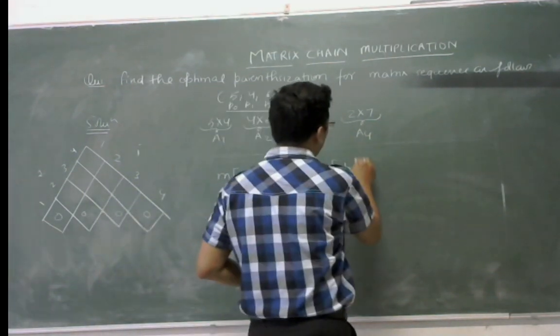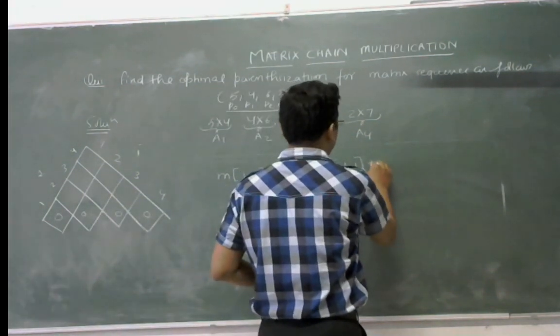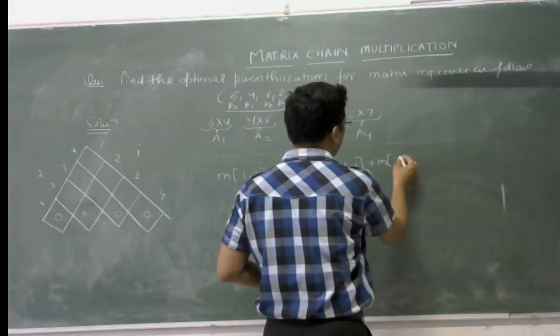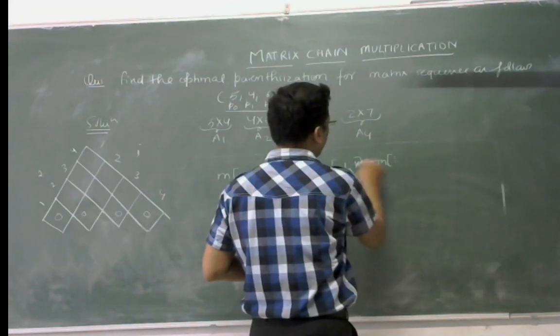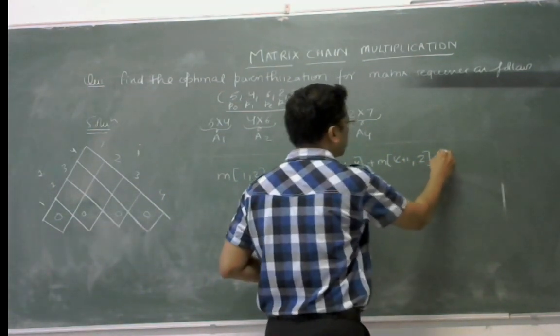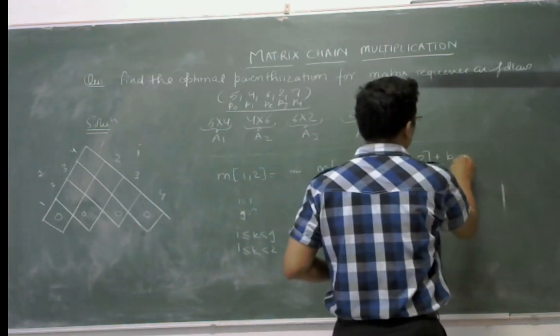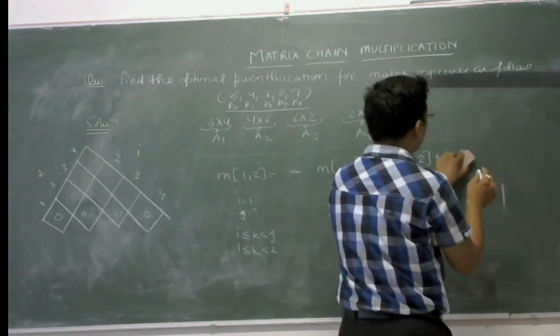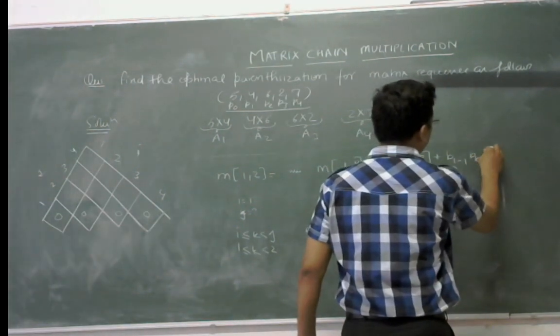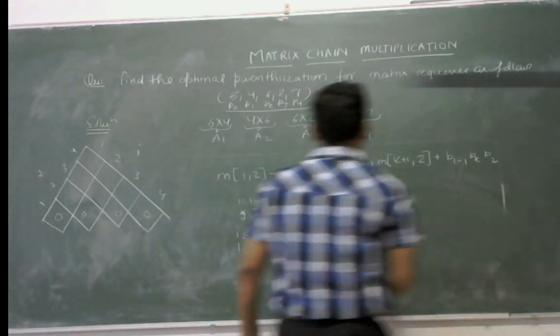So this is equal to M11 plus M(k+1, j), that is M22, plus P(i-1) Pk Pj.